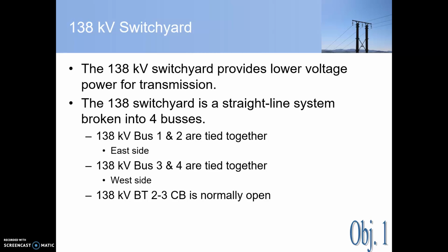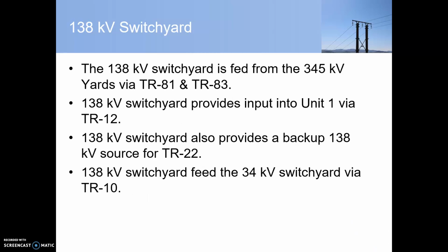The 138 kV bus 1 and 2 are tied together, and that forms the east side of the 138 kV switchyard. The 138 kV bus 3 and 4 are tied together, which forms the west side of the switchyard. The 138 kV bus tie 2-3 circuit breaker is normally open. And again, we'll see this in future objectives.